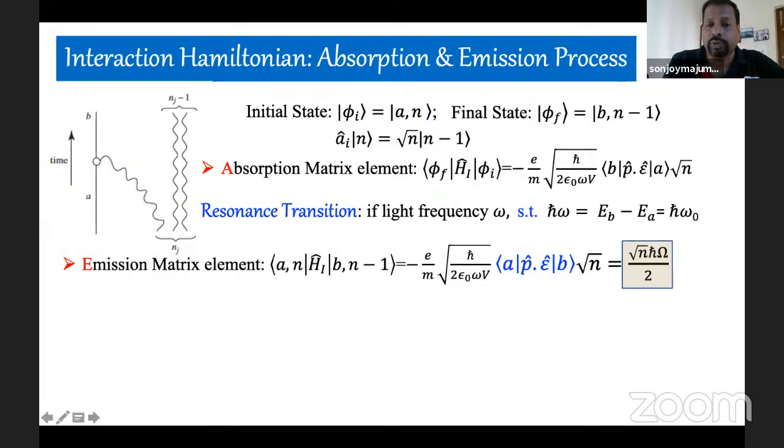In the emission process, you go from n minus 1 to n. That means you gain one photon, because one photon is emitted from the system, and the system is going from B to A. We can write all the prefactors similarly, but instead of A to B it will be B to A because of emission, and b dagger will be applicable. b dagger applied on n minus 1 gives the square root of n.